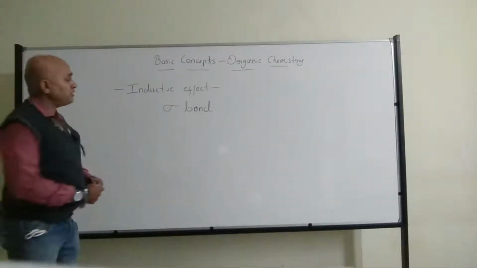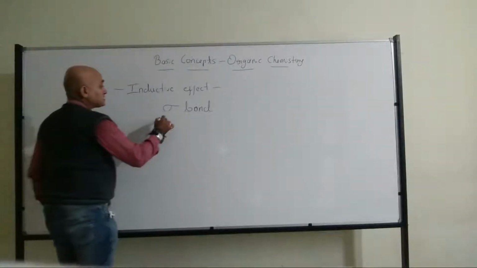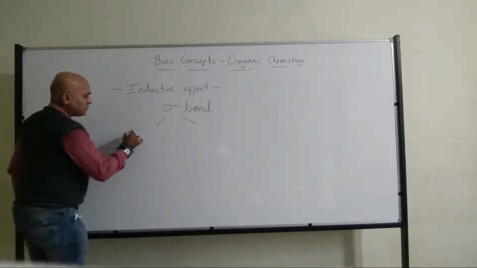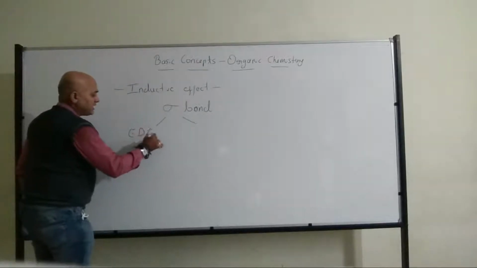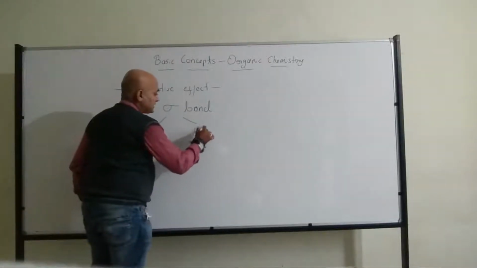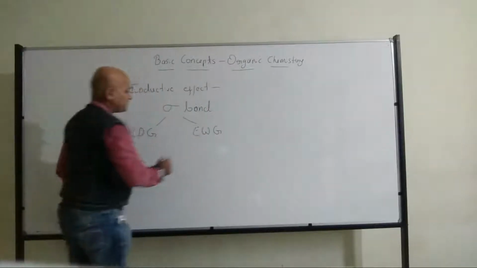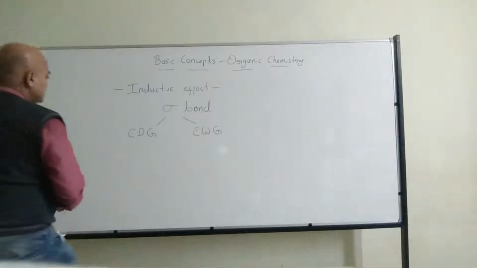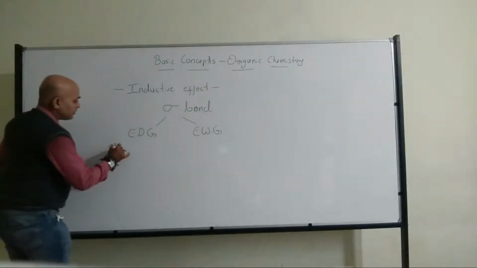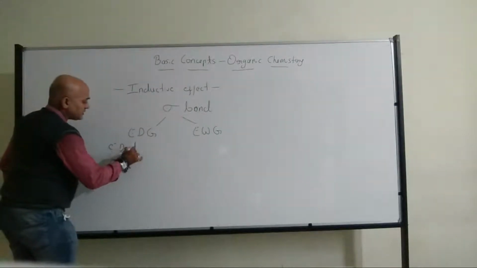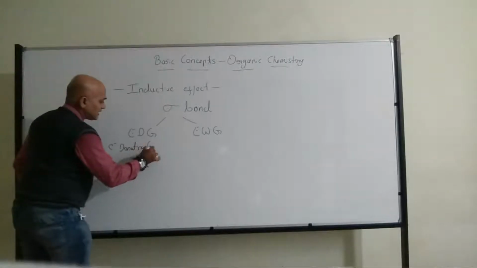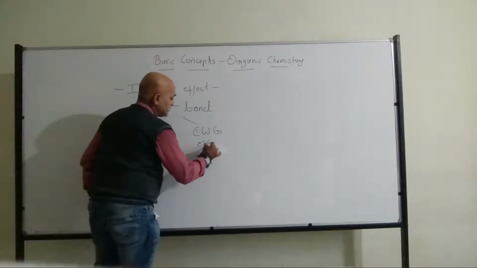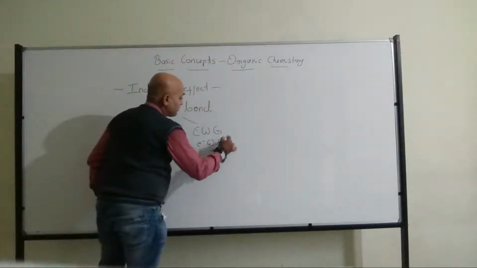When I am talking about inductive effect, same as resonance, we can classify the elements into electron donating groups and electron withdrawing groups. EDG means electron donating groups. Another one is electron withdrawing groups.